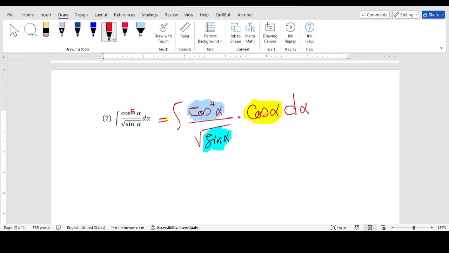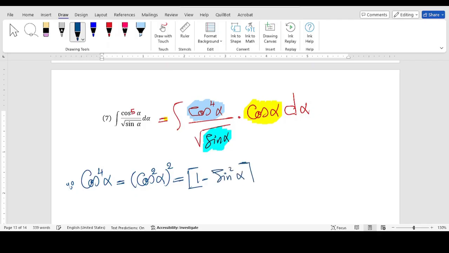How come? Already we know that cosine to the power 4 alpha equals cosine to the power 2 alpha, all to the power 2. Okay, cosine to the power 2 alpha can be written as 1 minus sine squared alpha, to the power 2, which is first squared, first times second times 2, minus 2 sine squared alpha, plus the second squared, which is sine to the power 4 alpha.